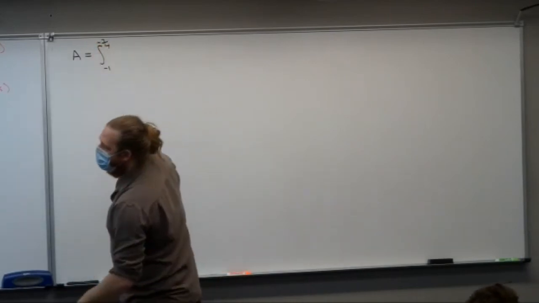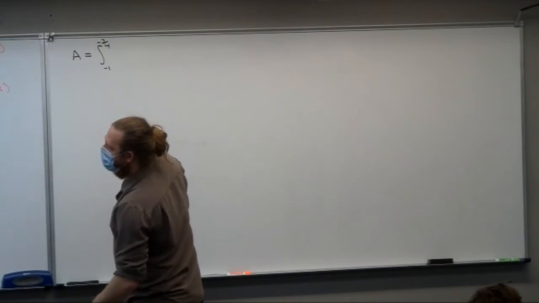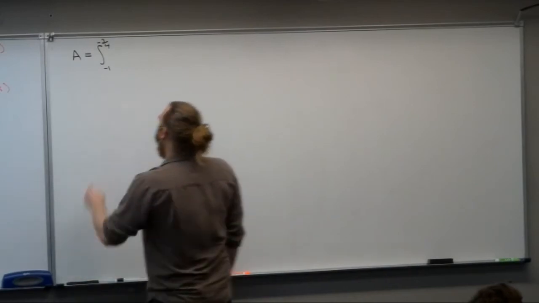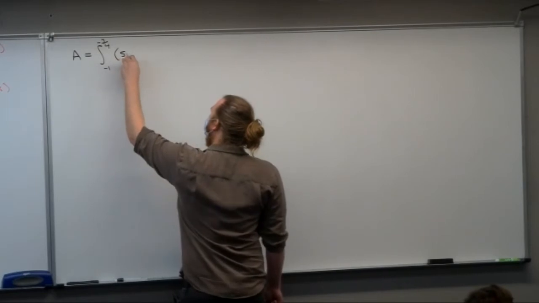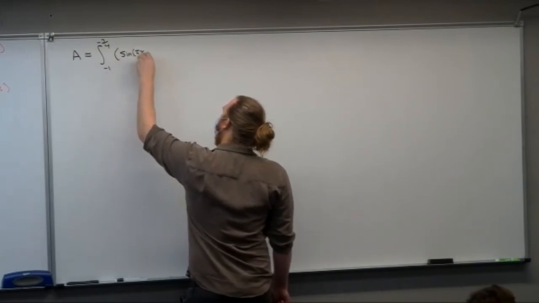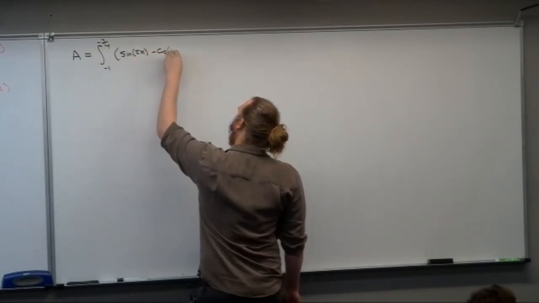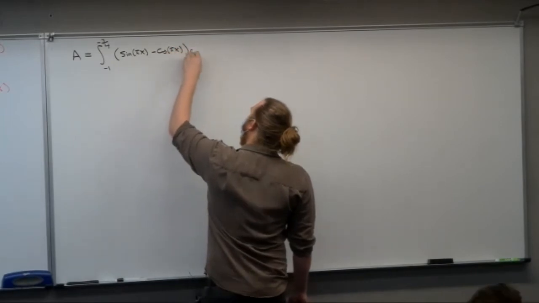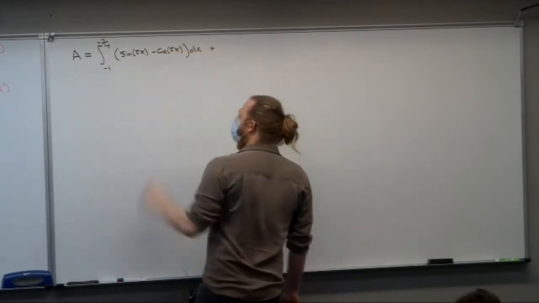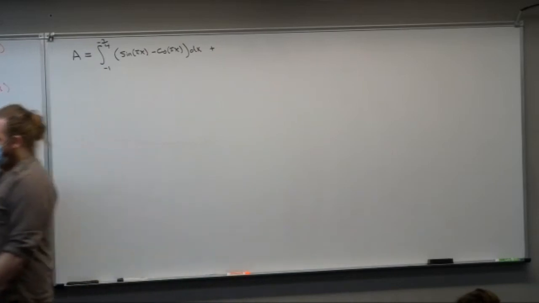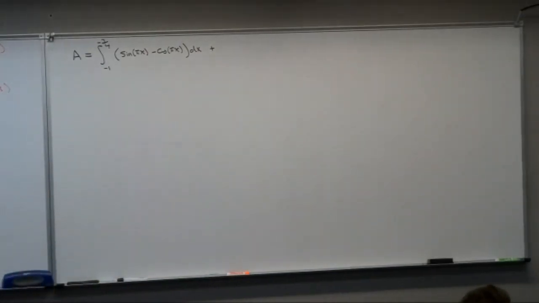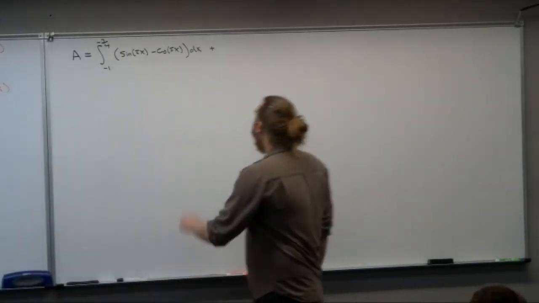My upper there is the pink, which is sine, so sine minus cosine, sin pi x minus cos pi x dx, and then add to that this big middle portion, the integral from -3/4 to +1/4, green minus pink, which is cosine minus sine.